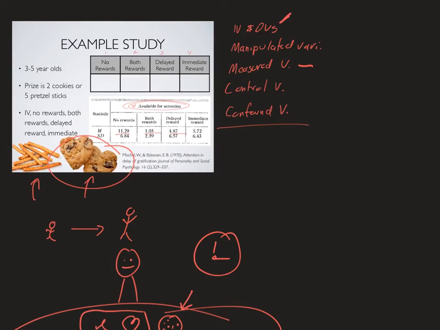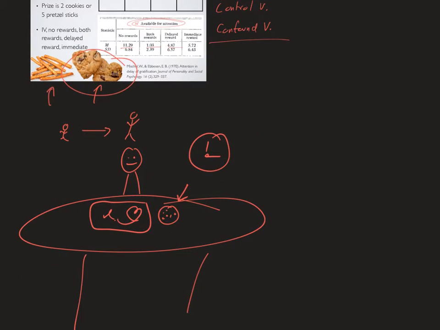And just going back to this drawing, let me get the eraser, either they had nothing in front of them, that's this level, or they had both things in front of them, the cookies and pretzel sticks, that looks better, or some kids only had the delayed reward, which were the cookies, right? They didn't have the pretzels, or they only had the pretzels.